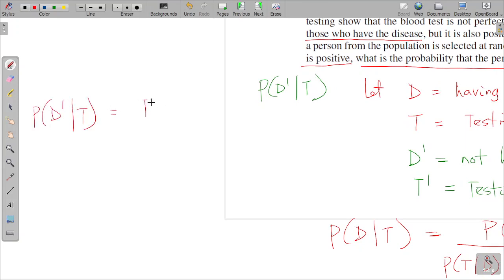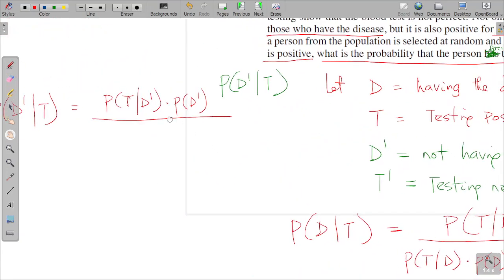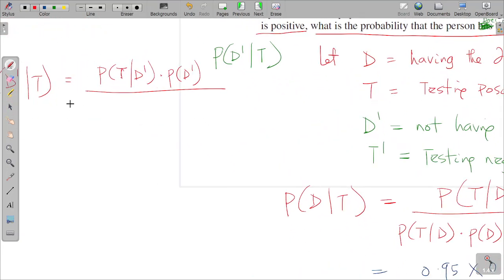This will now give us the probability of T given D naught multiplied by the probability of D naught, all over the same denominator as here: the probability of T given D multiplied by the probability of D, plus T given D naught multiplied by the probability of D naught.